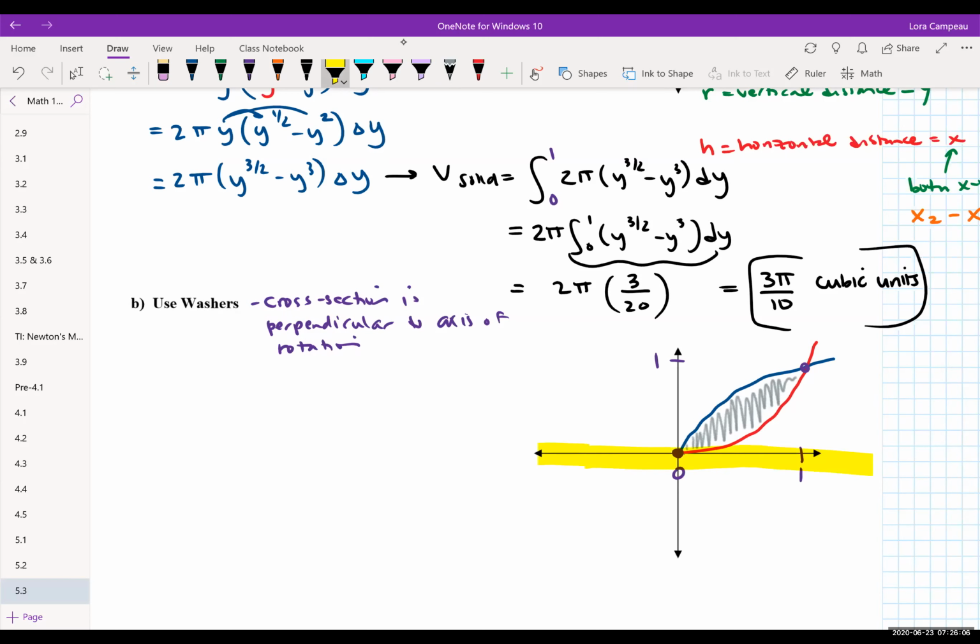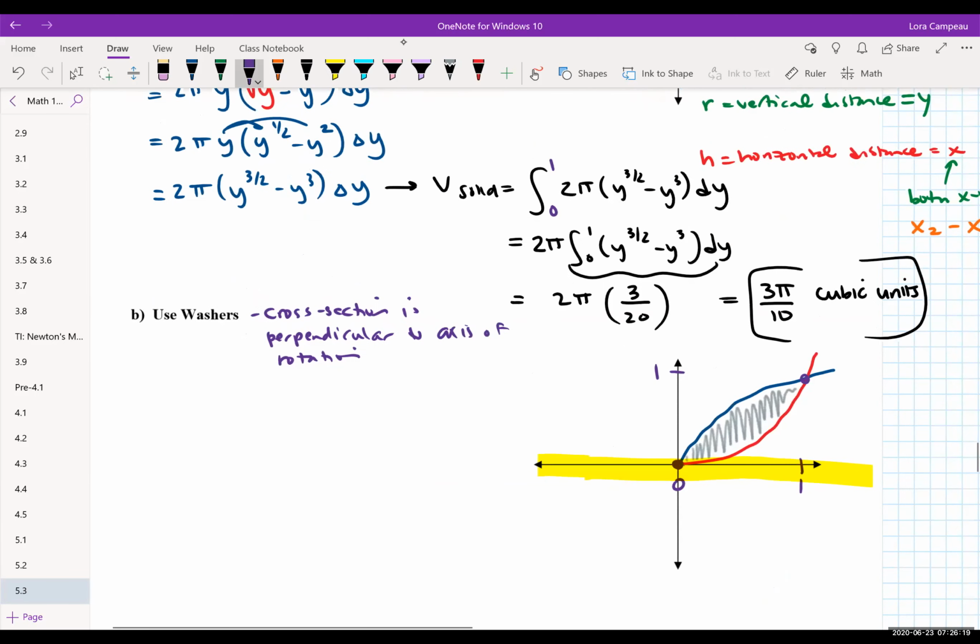And so if we're looking at this, the cross-section has to be perpendicular to the axis of rotation. So if we were to make our cross-section perpendicular to the axis of rotation, this is what it looks like. Now you want to pay attention to the edges of your cross-section, particularly understanding where it is located.